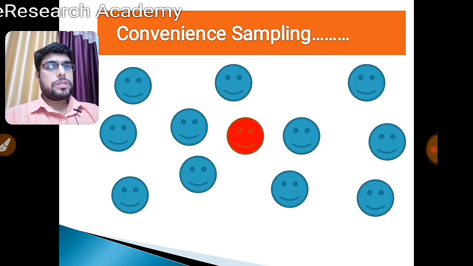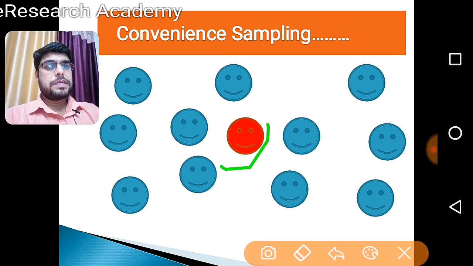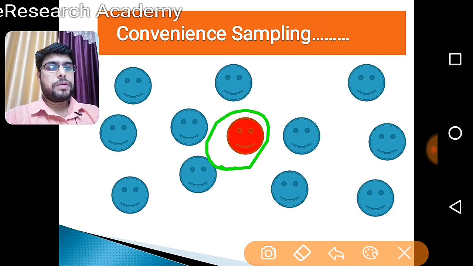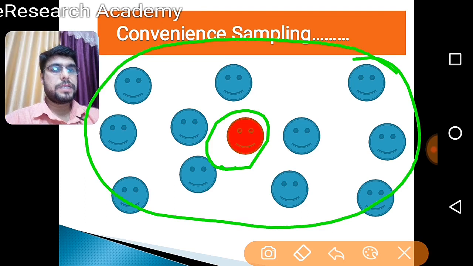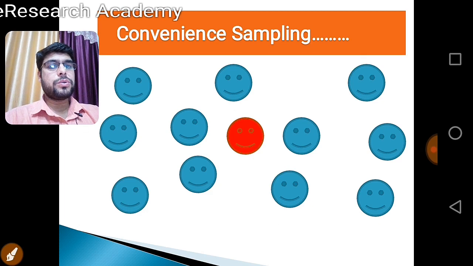If we try to understand with the help of an example, let us say this one is our researcher, the red one, and he wants to select the sample from the population. This entire area is our population or the universe. Under convenience sampling, what does the researcher do?